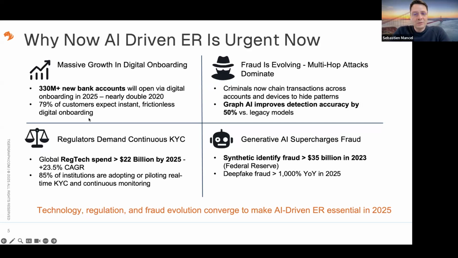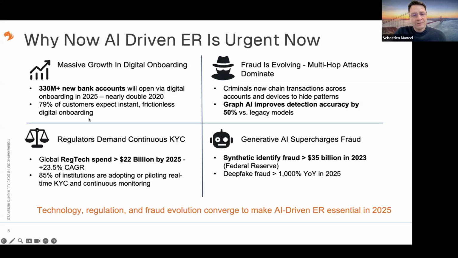That's nearly double the volume from just a few years ago. Customers now expect instant, frictionless onboarding. If you can't verify them in real time, they'll move to a competitor who can. And that creates enormous pressure on compliance teams to maintain both speed and accuracy at scale.